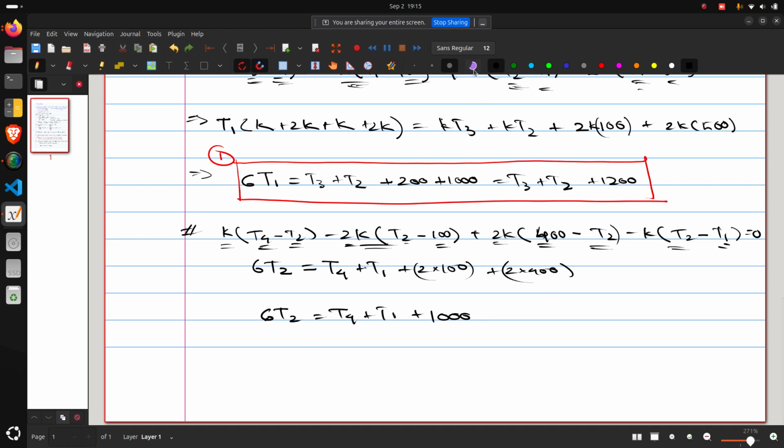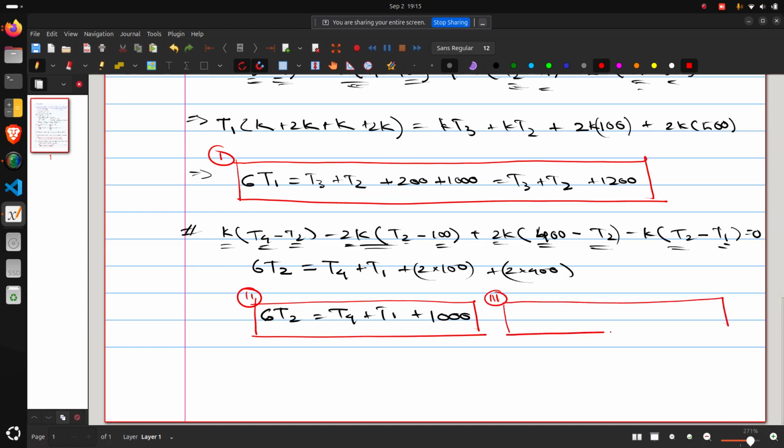Okay, so now we have it for cell number 2 as well. Similarly, if we use our intuition, we can obtain the values for cell number 3 and 4. Let's write them down.